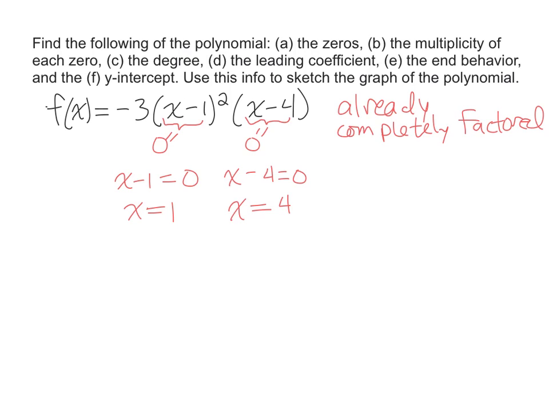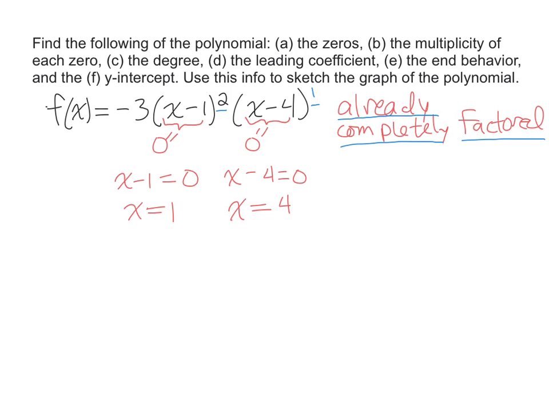To find the multiplicity of each zero, since we already have this completely factored, we can simply look at the exponent for each factor. And over here with x minus 4, the implied exponent is 1.